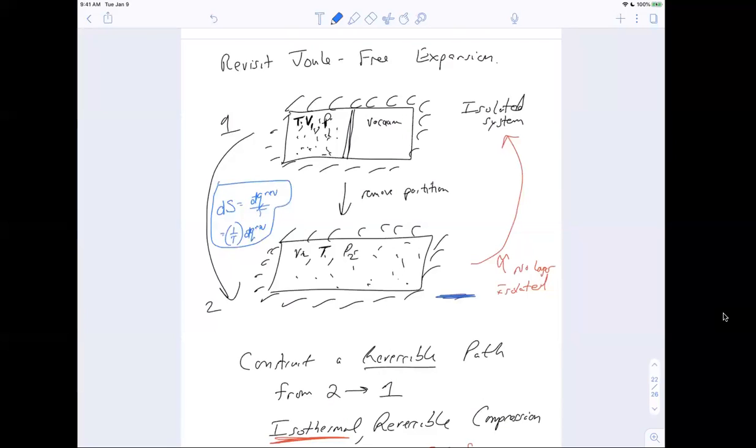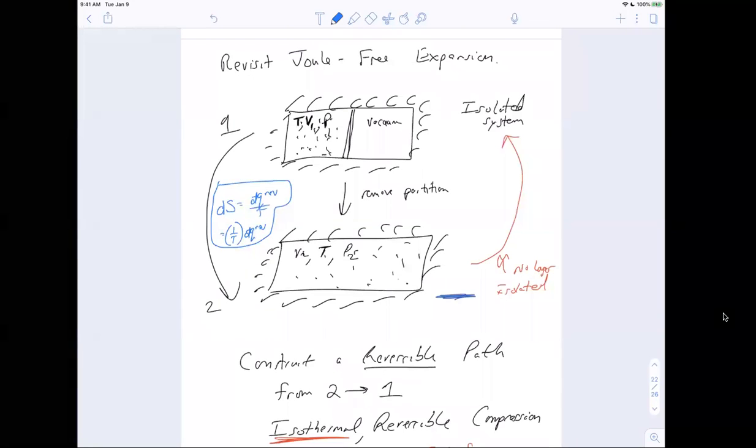That was one of the things I hope you got out of our discussion of the Joule free expansion that we did on Friday, which I show here in this diagram again. I'll recap that discussion very quickly. We have a gas that's isolated in one part of a container.